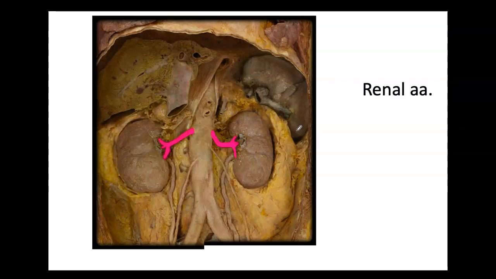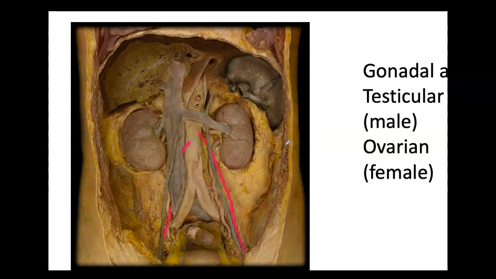So there they are, renal arteries without the vein, and the vein has been removed so it's not hiding it. See, it's been cut there and there. Renal arteries and gonadal testicular. The gonadals are either testicular in the male or ovarian in the female.